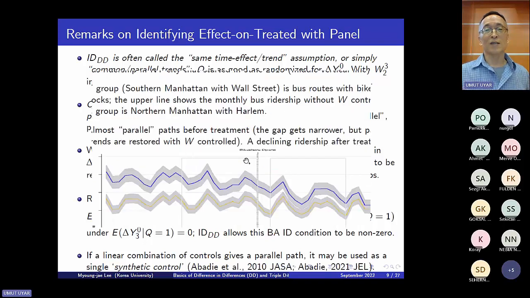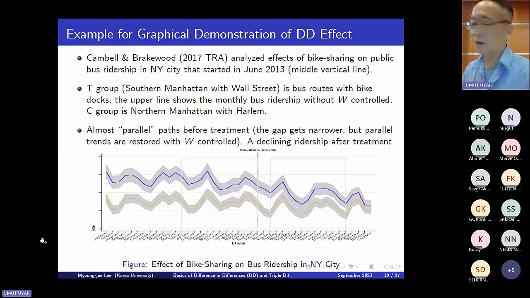Let me show you this graph. This is an example of a DD study, and these people analyzed the effects of a bike sharing scheme on public bus ridership in New York. These days, if you go to major cities, you can see these electric scooters and all these strange transportation modes.